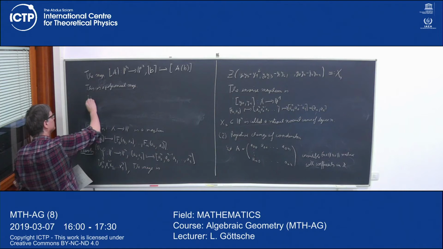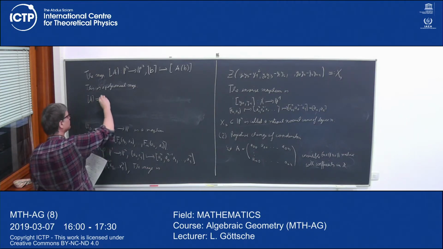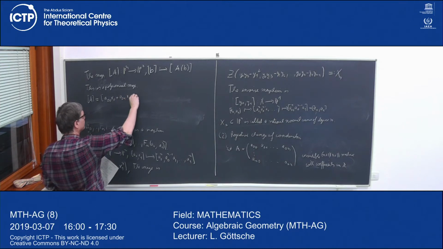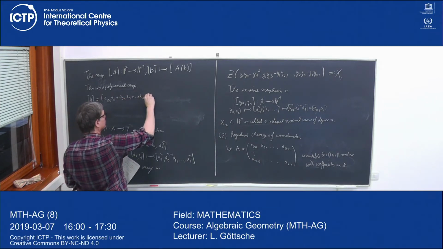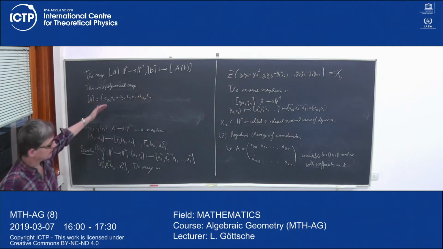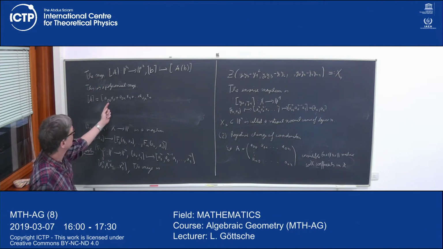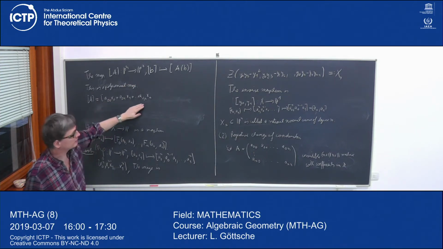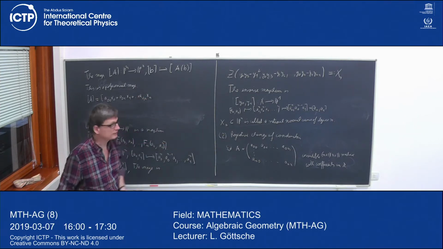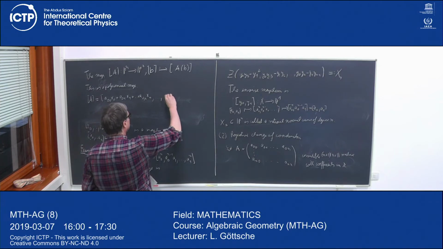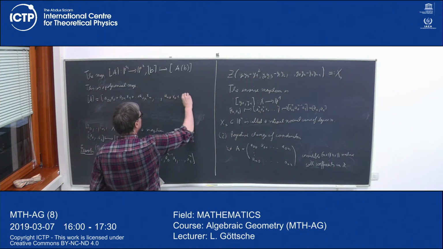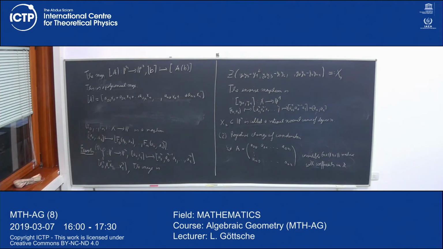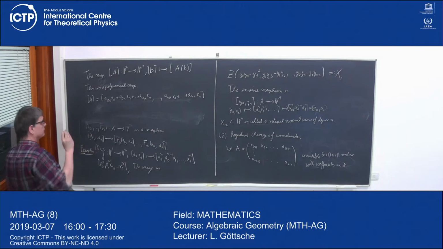So A is given as A00 x0 plus A01 x1 plus up to A0n xn. This is the first coordinate, because if my point B is (B0, ..., Bn), then the first coordinate in the image is this, which precisely means that I apply this matrix, and so on until An0 x0 plus up to Ann xn. And therefore it's a morphism.